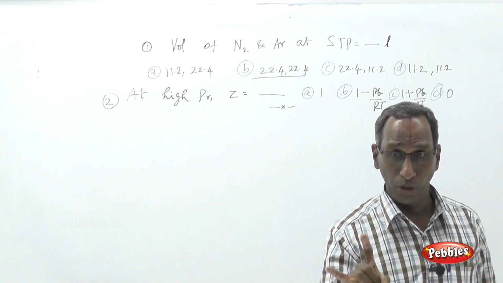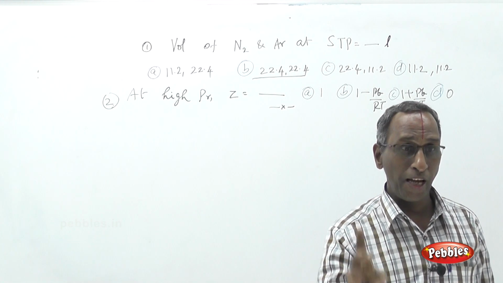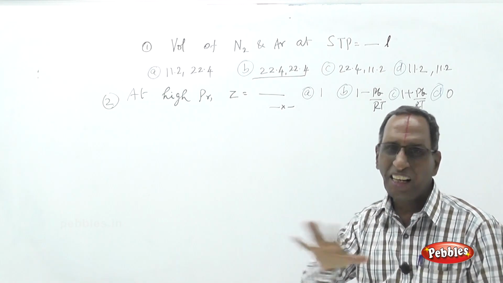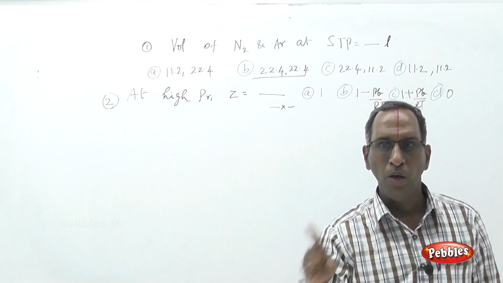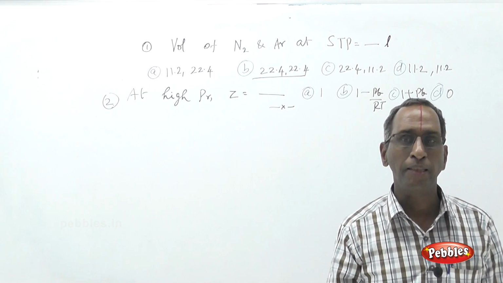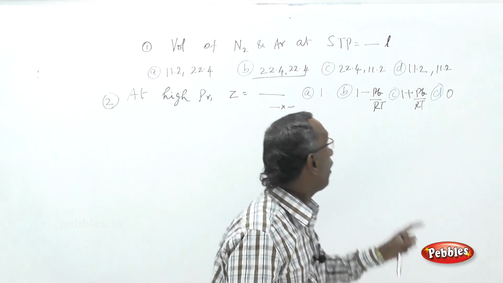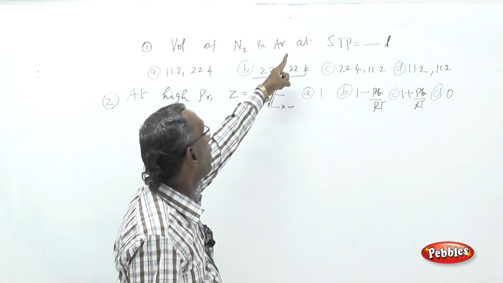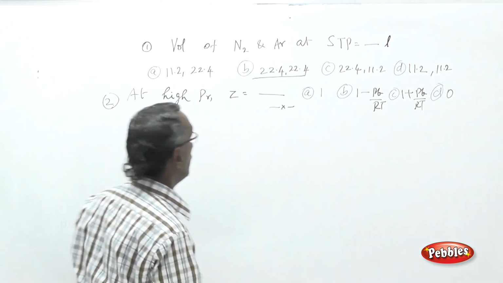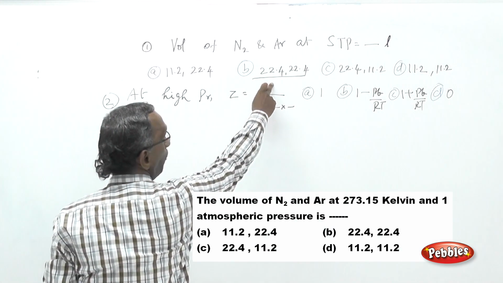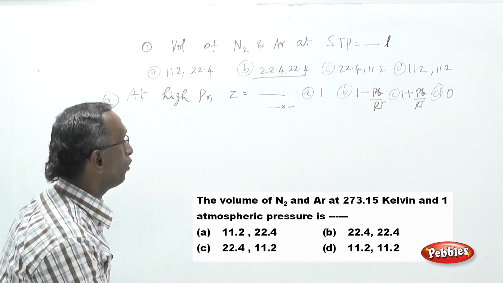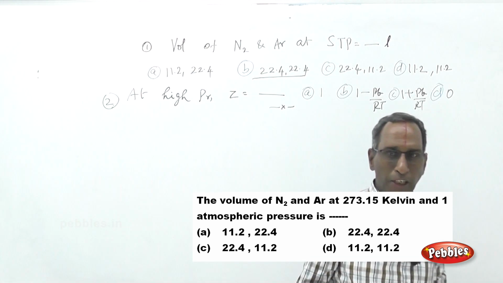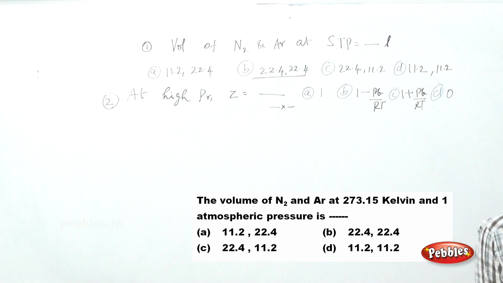Irrespective of formula, 1 mole of any gas at STP occupies 22.4 liters. N2 and argon are both gaseous, so they occupy the same volume, 22.4 liters. This finishes the correct choices for this question.